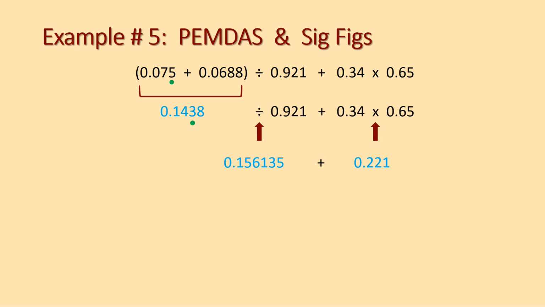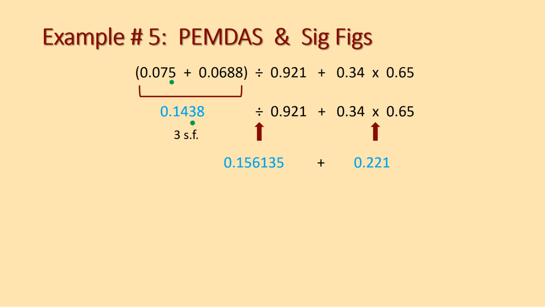We got the solution of 0.156135 by dividing 0.1438 by 0.921. Now, 0.1438 has 4 digits, but only 3 are significant, and we know that by that little dot under the 3. So it has 3 significant digits.